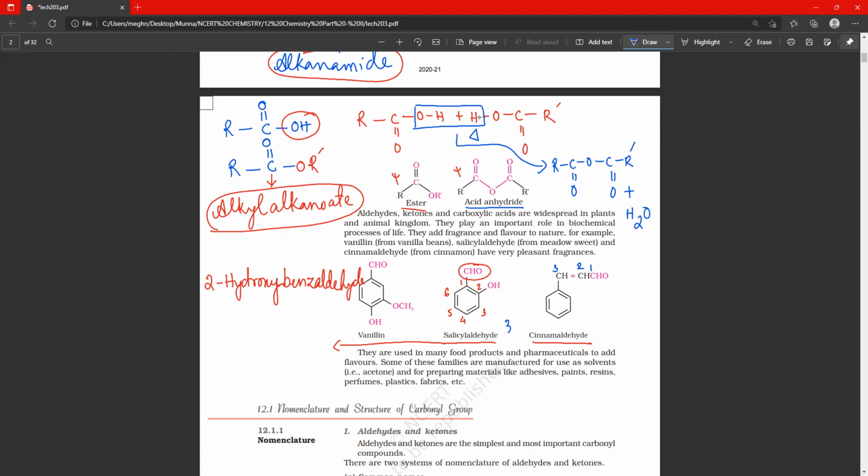So 3-phenyl. Benzene, whenever treated as a side chain, we call it phenyl. 3-phenyl prop-2-en-1-al. 3-phenyl prop-2-en-1-al.